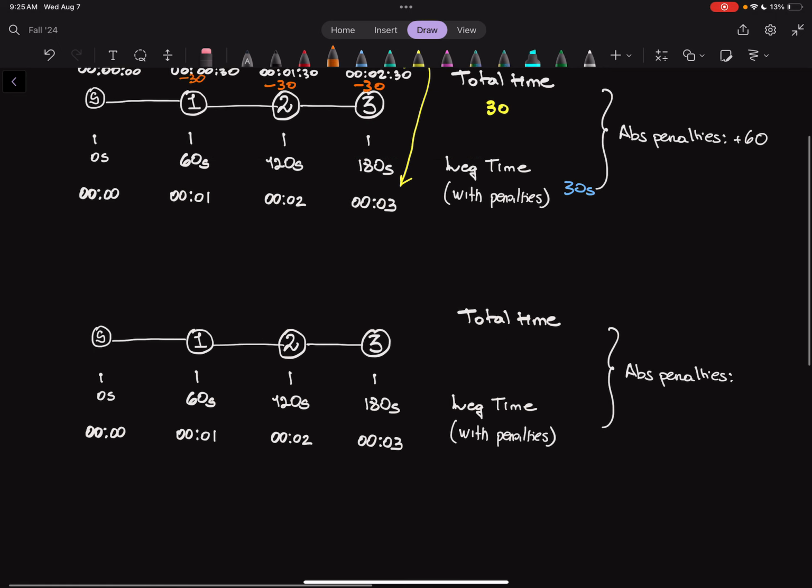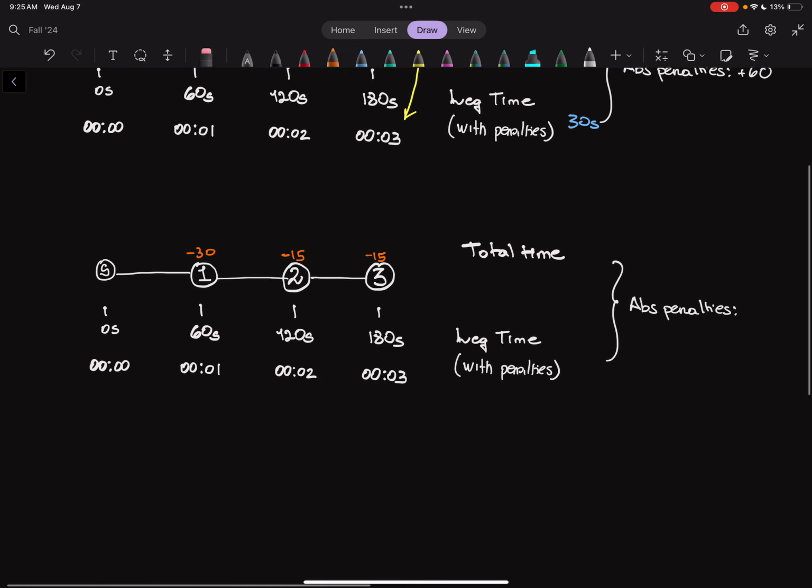So we're still 30 seconds early on the first one, but then we decide, hey, let's slow down a little bit. So we're going to be only 15 seconds early on the second one. And then let's say that at the last one, we just stay 15 seconds early. Now what's going to happen?